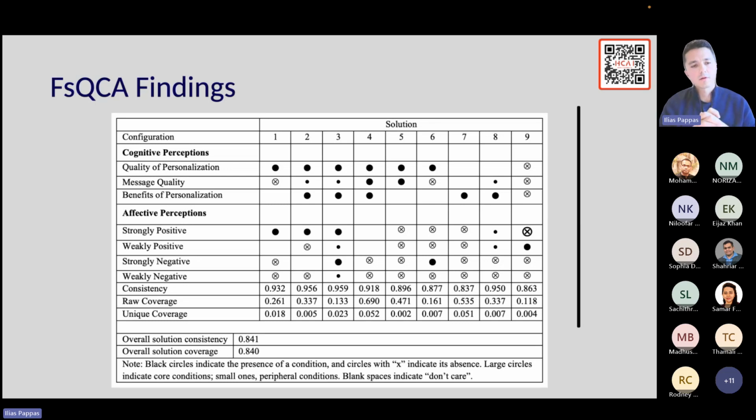There's no variance, but the amount of the outcome explained. So very often, for one or two of the solutions, we have a high number of raw coverage, and that would probably be very similar to the solution that I would have gotten if I was doing a structural equation model.